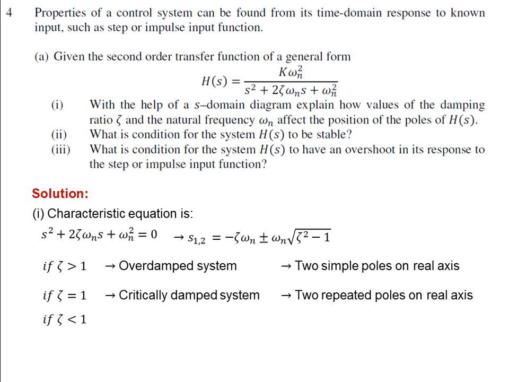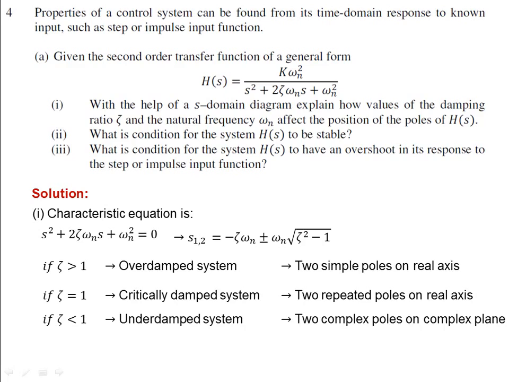Let's look at the condition when the damping ratio is less than 1. If the damping ratio is less than 1, we call such a system an underdamped system. For the underdamped system, zeta is less than 1, so the value under the root will be negative. So we have an imaginary part here, and we have a real part minus zeta omega n.